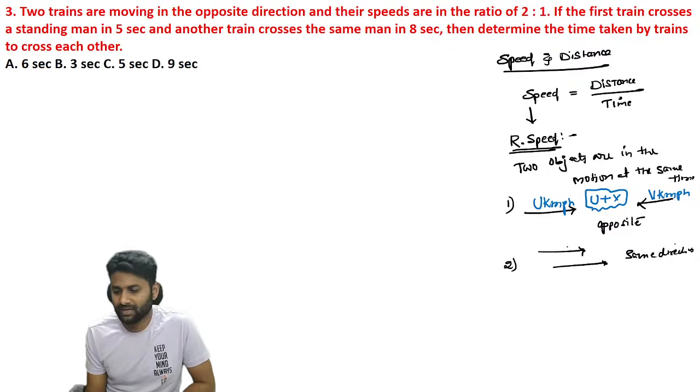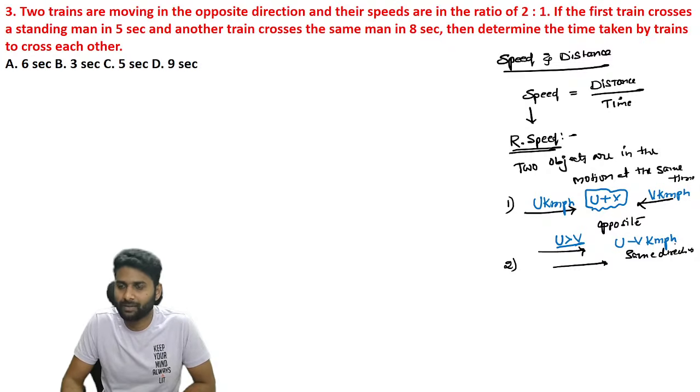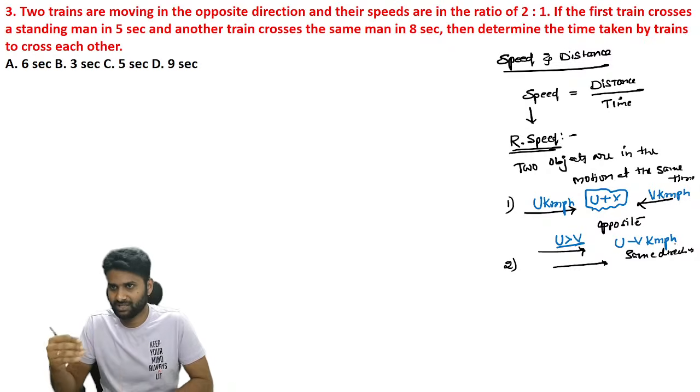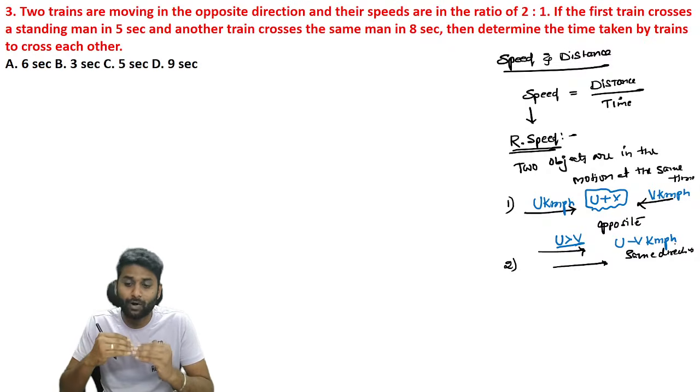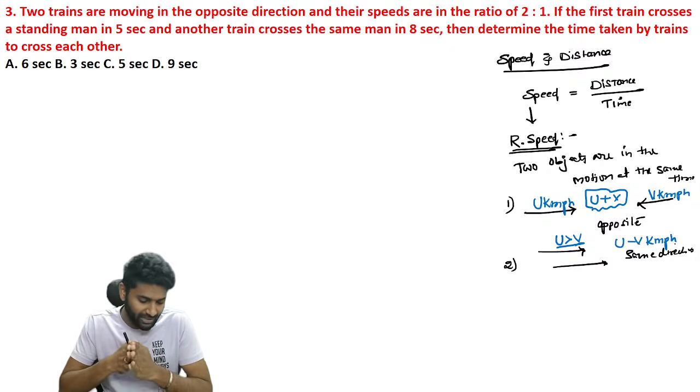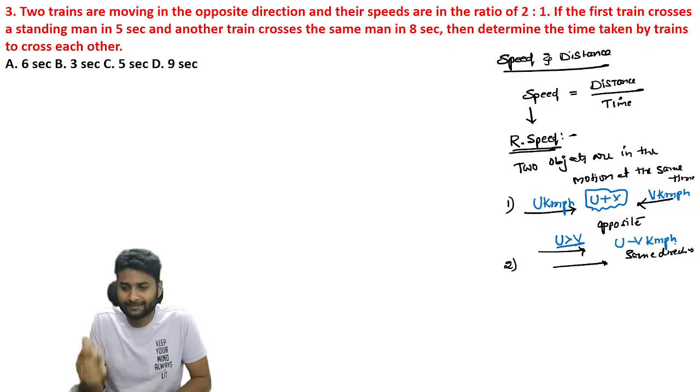In the same way, if u is greater than v and both are traveling in the same direction, then the relative speed is u minus v kilometer per hour. So if opposite, the relative speed is the sum of the speeds; if the same direction, it is the difference.